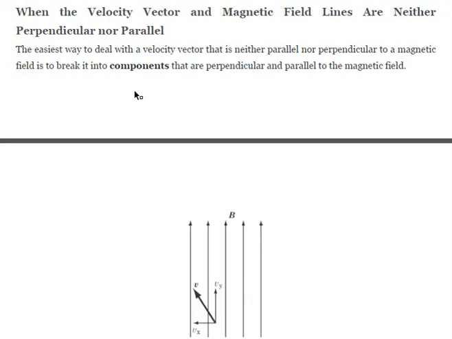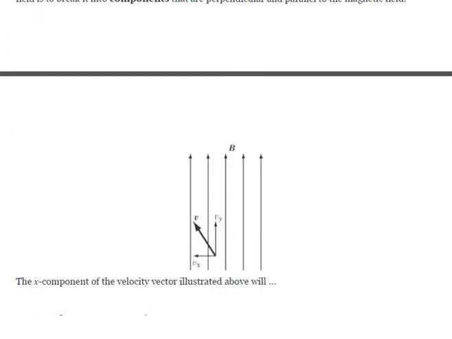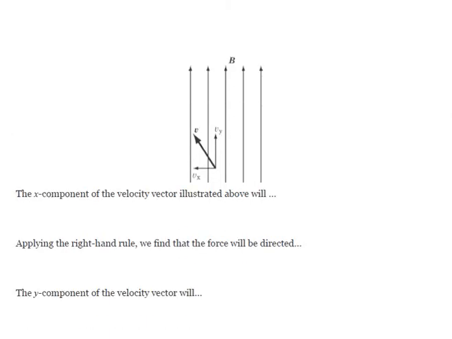So you'll essentially break it up into a part that's parallel, so 0, and a part that's perpendicular, which is like the stuff we did in the example problem. If we look at this example here, we have our velocity, it moves up and to the left, so we take the x component of its velocity, and we have the y component of its velocity.